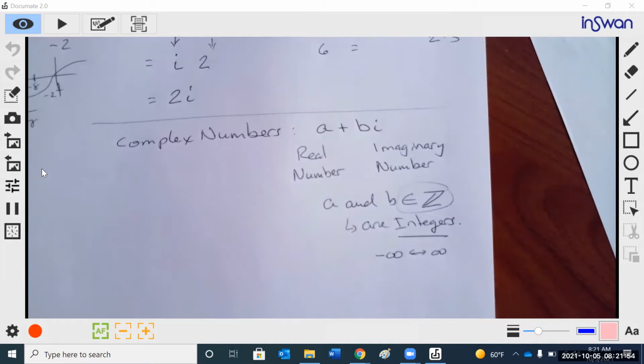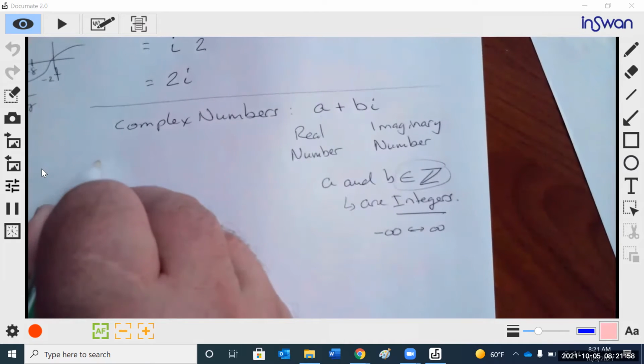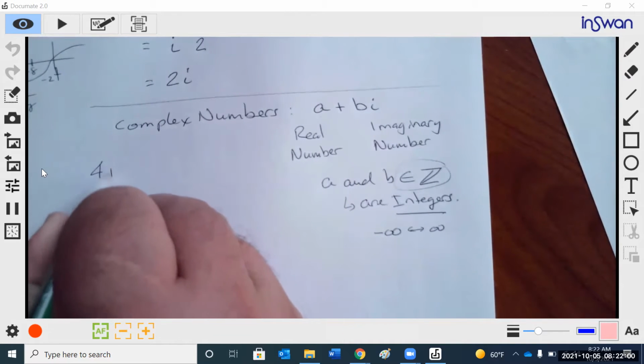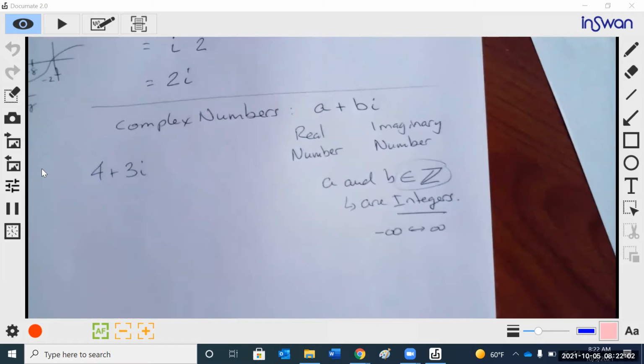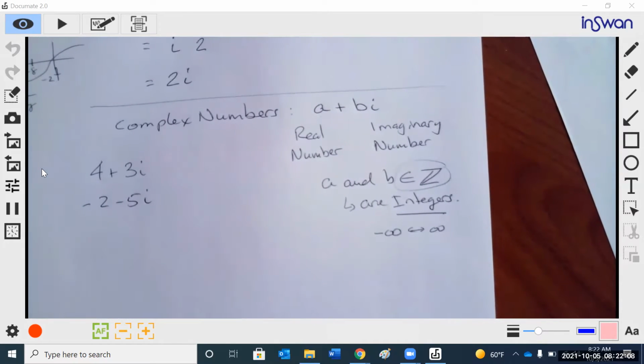Those are integers. So, is 4 plus 3i a complex number? It's got a real part and an imaginary part, and it can be positive or negative. Is that a complex number?